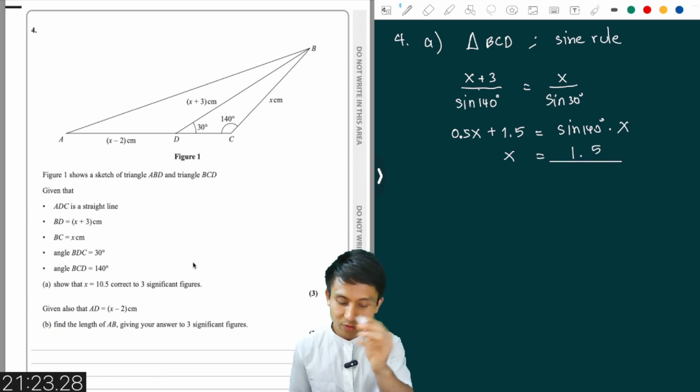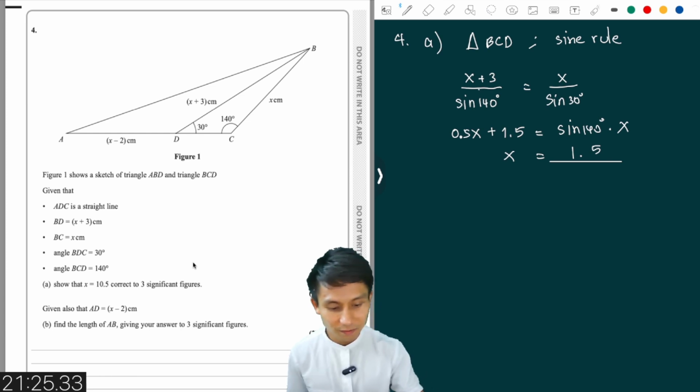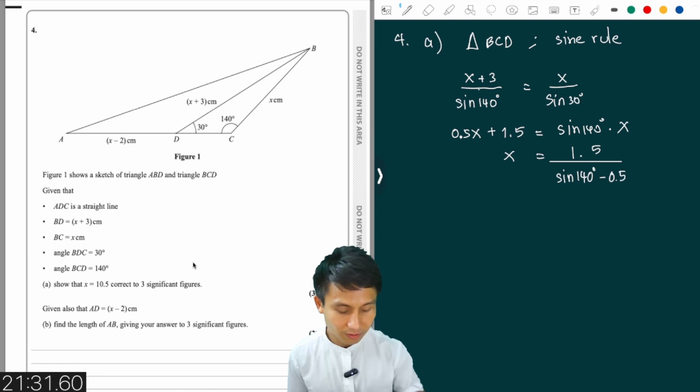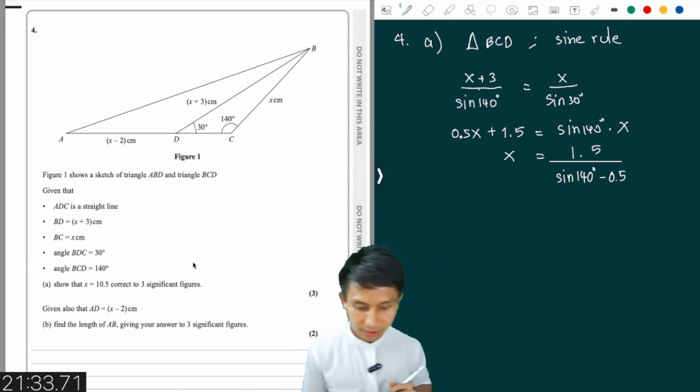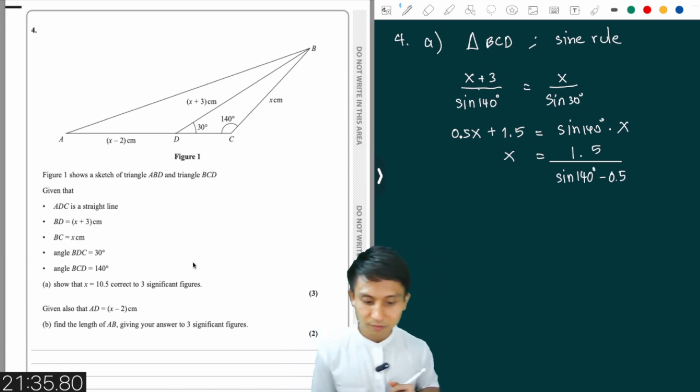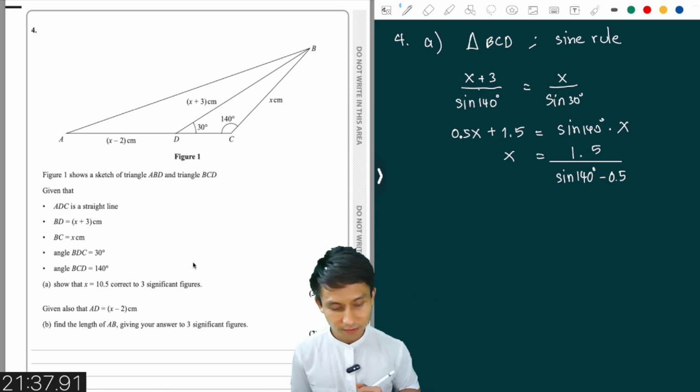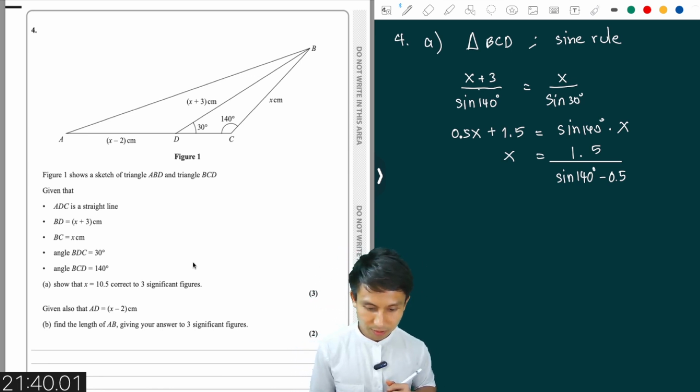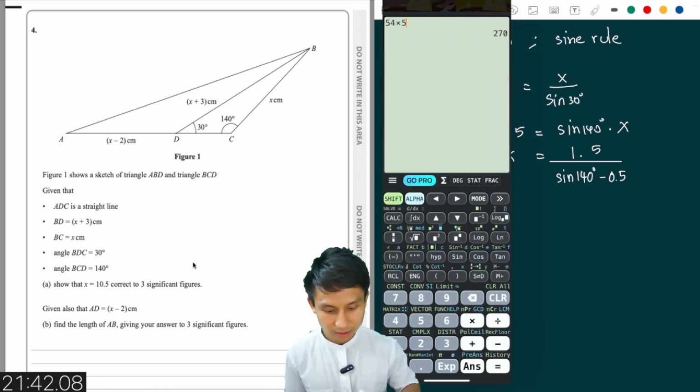So I move 0.5x to subtract the other side first, and then factorize x out, and then divide. So that's going to be minus 0.5 here. Okay? If you're not happy with this, just stop the video and work through it by yourself. But I'm thinking I should just use a calculator there.